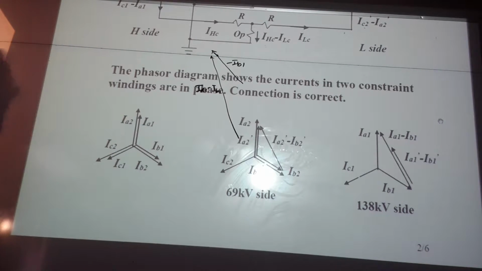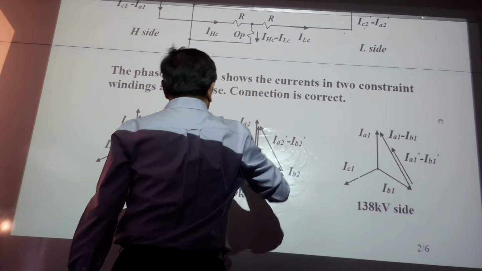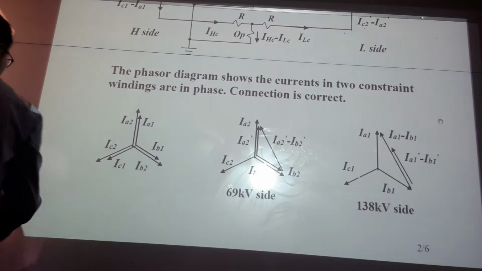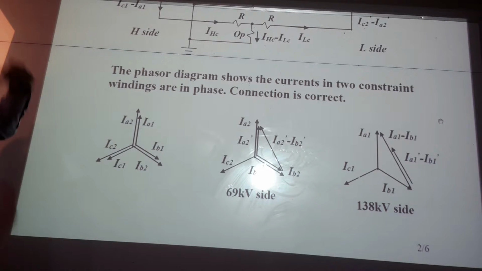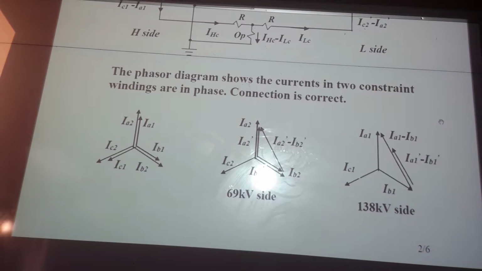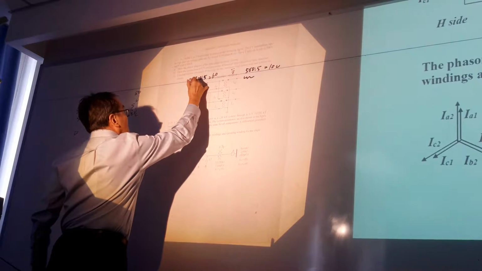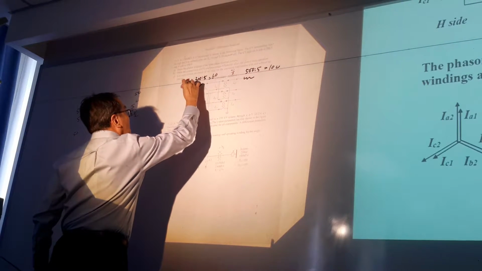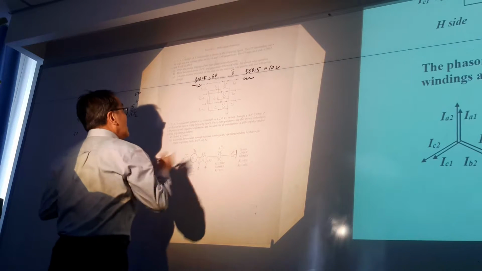So he has drawn both terminals. If you even draw the CT side, the secondary side, to be more careful, the primary will be going through, and the secondary will be coming down, like what we have here.